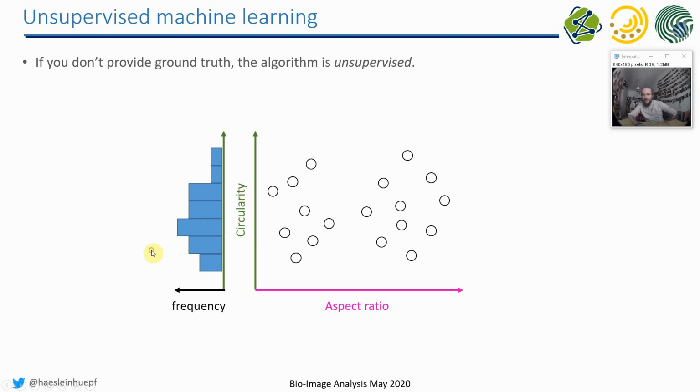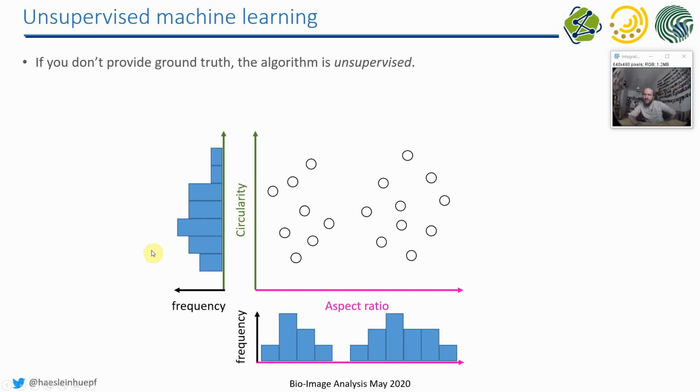And now we do the same thing on the x-axis, and there we can actually see, okay, it's a bimodal distribution, so we have kind of two peaks over here, and there are obviously objects which have a low aspect ratio, and there are objects which have a high aspect ratio. And we can differentiate them by looking into this histogram. There's a local minimum in this histogram. And when we take this local minimum and find the position, the Otsu algorithm could do that, right?